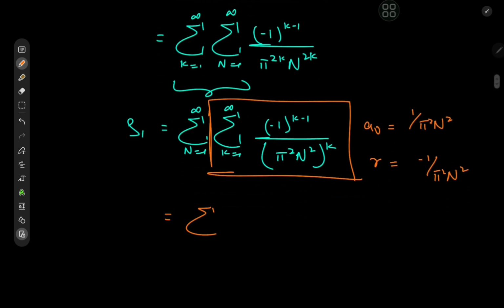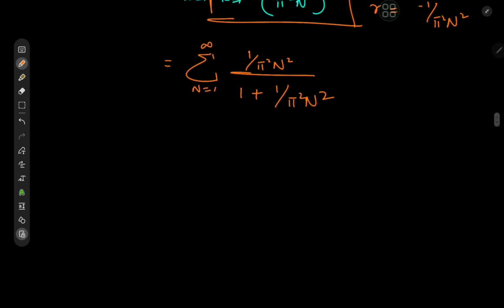So we have the sum over n from 1 to infinity of 1 by pi squared n squared divided by 1 minus -1 by pi squared n squared, so that's a plus sign now. All we need to do now is expand using pi squared n squared. So we have the sum over n from 1 to infinity of 1 by pi squared n squared plus 1.